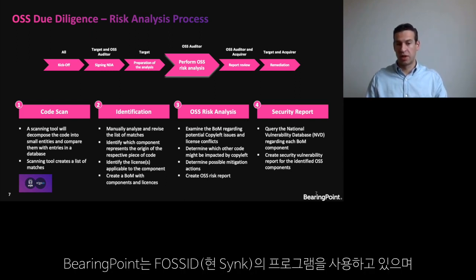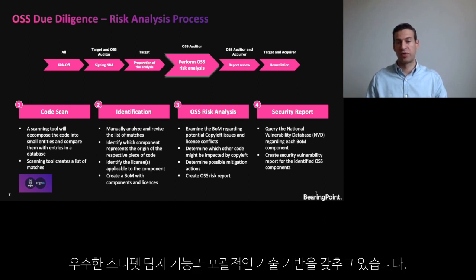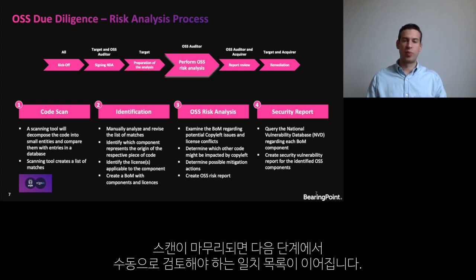We're using the product FOSSID, that's now part of Snyk, which has very superior snippet detection capabilities and a comprehensive knowledge base as well. So then the output of the scan is a list of matches which must be manually reviewed in the next step.